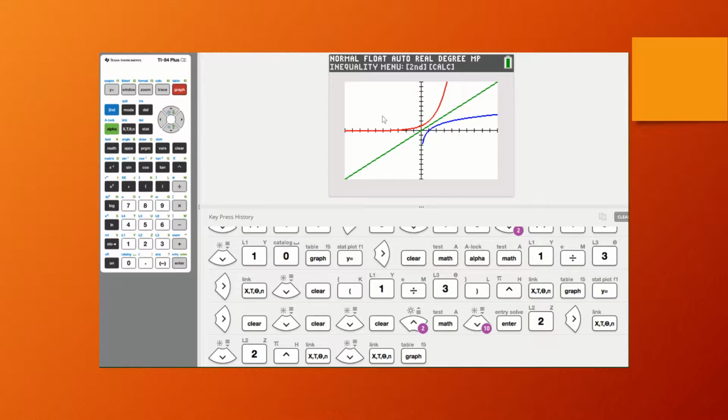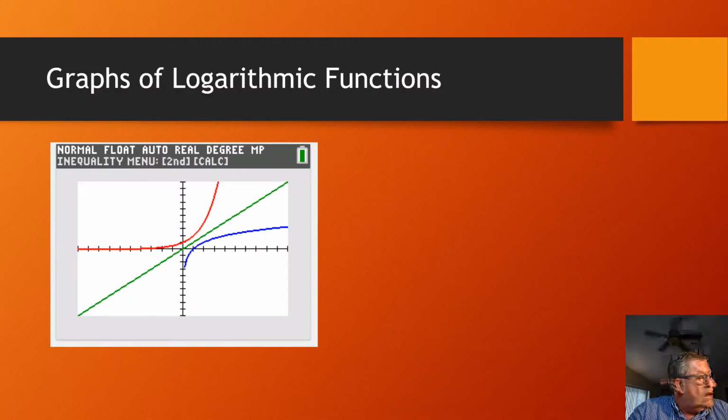Now, I'm going to go back to the next screen, and we're going to analyze, in particular, this graph, the one in blue, as to its domain, its range, its intercept, its asymptotes, end behavior, and whether it's increasing or decreasing. All right, so I'm focusing here on my graph, really focusing on the blue.